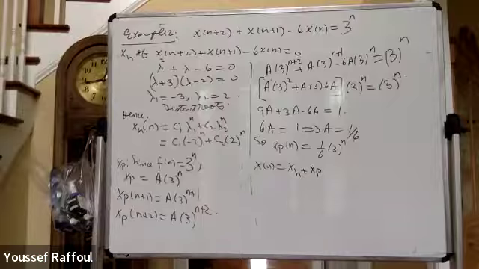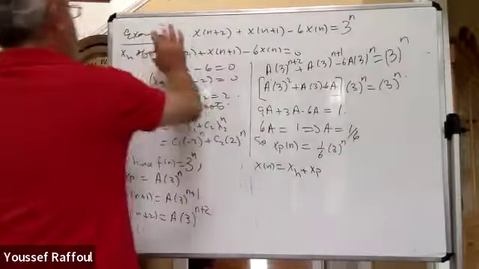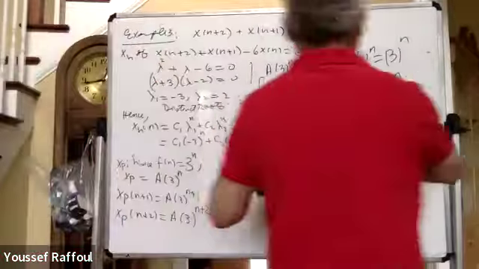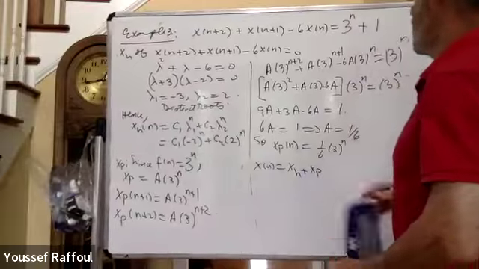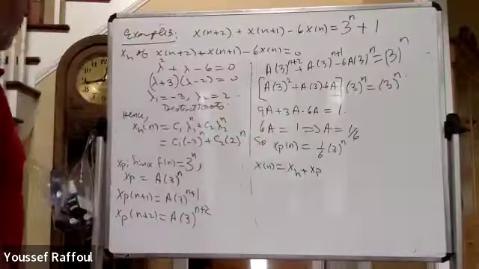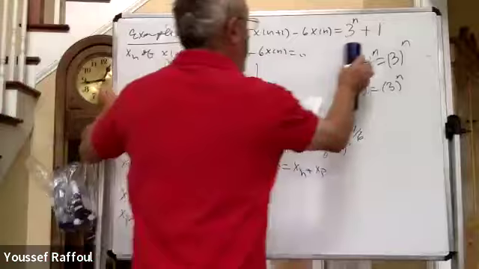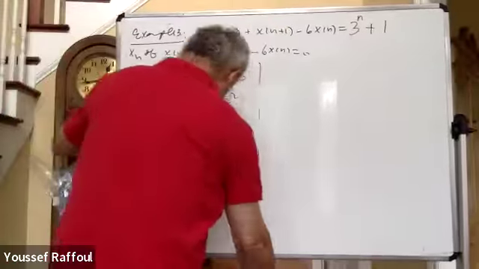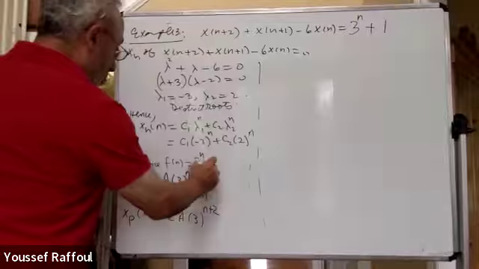All right, let's do another example. Example 3. Now let's take 3 to the n plus 1 on the right-hand side. So we're going to get rid of this, and this is a plus 1.